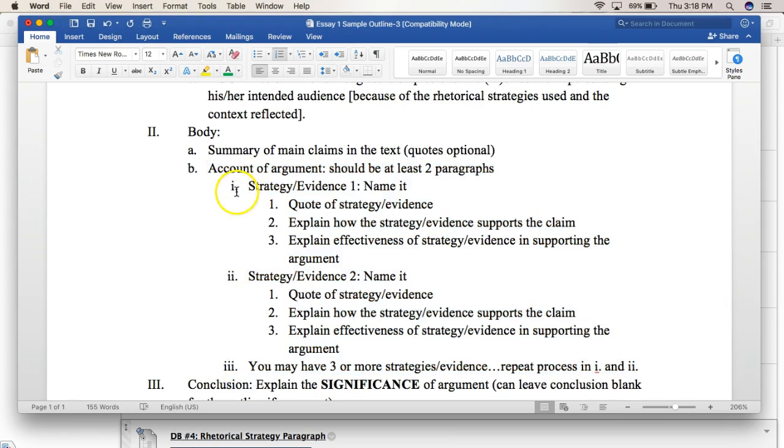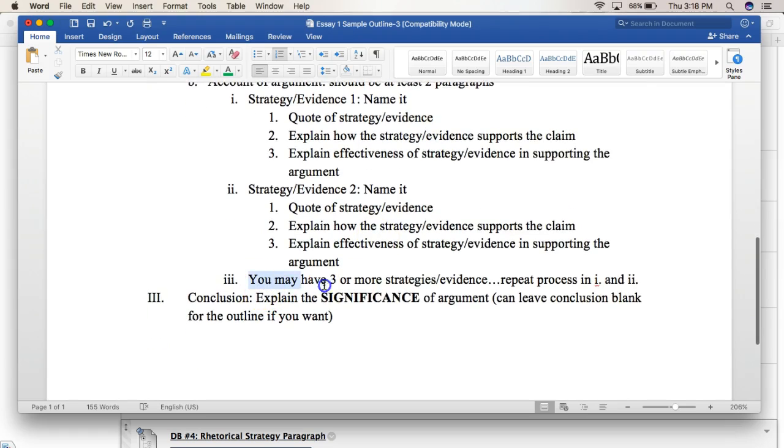So for little i here, you need to have a topic sentence which names the strategy, a quote of the strategy, an explanation of how the strategy supports the claim, and how effective the strategy is in supporting the argument and convincing the audience. Then you do that as many times as you need to, maybe 3 body paragraphs, 4 body paragraphs, and here I just say you can copy the structure if you want to do more than 2.